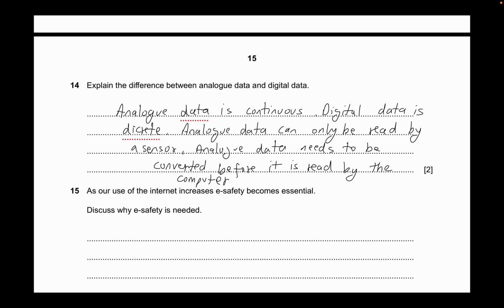You can also mention that analog data is the output from a sensor, and it cannot be understood by a computer, and needs to be converted before it's read by a computer. These are some of the points you can write for 2 marks.